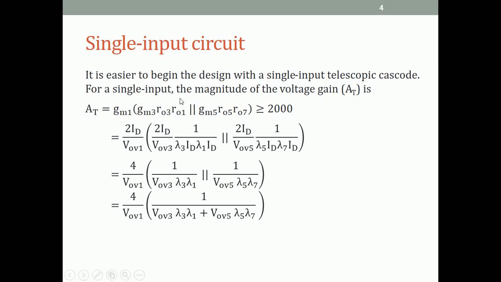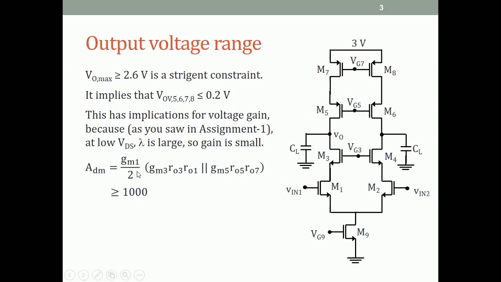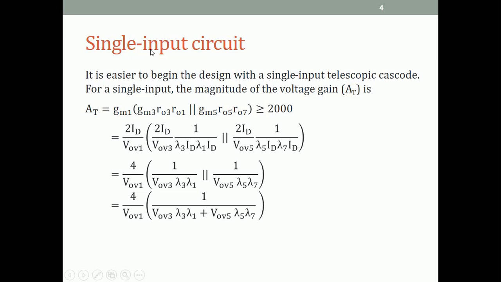So we start with the single input telescopic cascode, for which the magnitude of the voltage gain, I am calling it AT, is this, which is the same as this except for the factor of 2 which comes in a differential amplifier. So this has to be greater than 1000. If you take the 2 out to the other side, then the gain of the single input telescopic cascode has to be greater than or equal to 2000. Now let us write out all of these as we usually do.